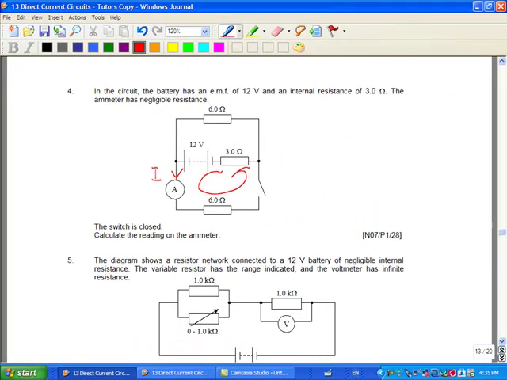That means we use the total potential rise equals the total potential drop. But can you see something very interesting? This is a very interesting circuit. There's a 6 ohm and another 6 ohm, and they are identical. That means the current will be divided equally.